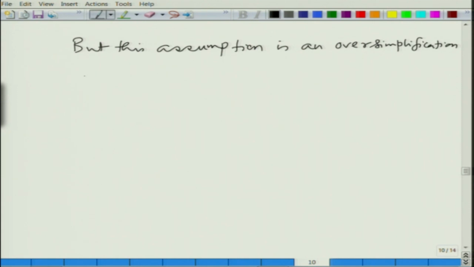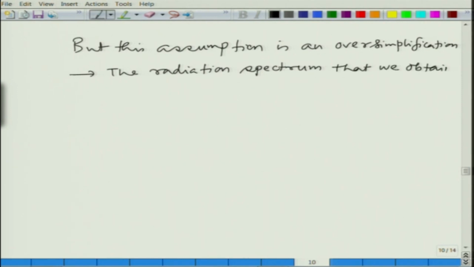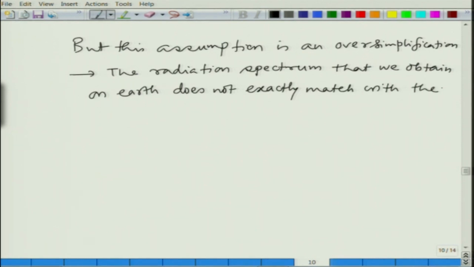Because the radiation spectrum that we obtain on earth does not exactly match the black body radiation, I am just abbreviating that with BB, at 5762 Kelvin.